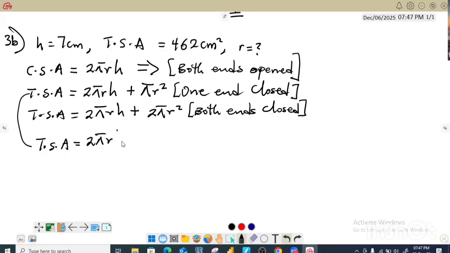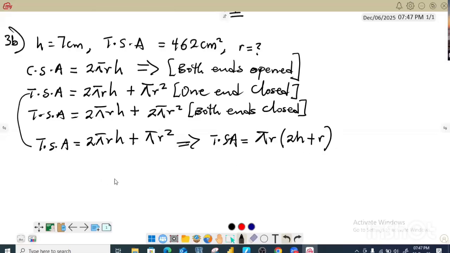So we have 2 pi rh plus pi r square, which we can rewrite. This TSA will be equal to pi r, and you're going to have 2h plus r if you factorize it out.